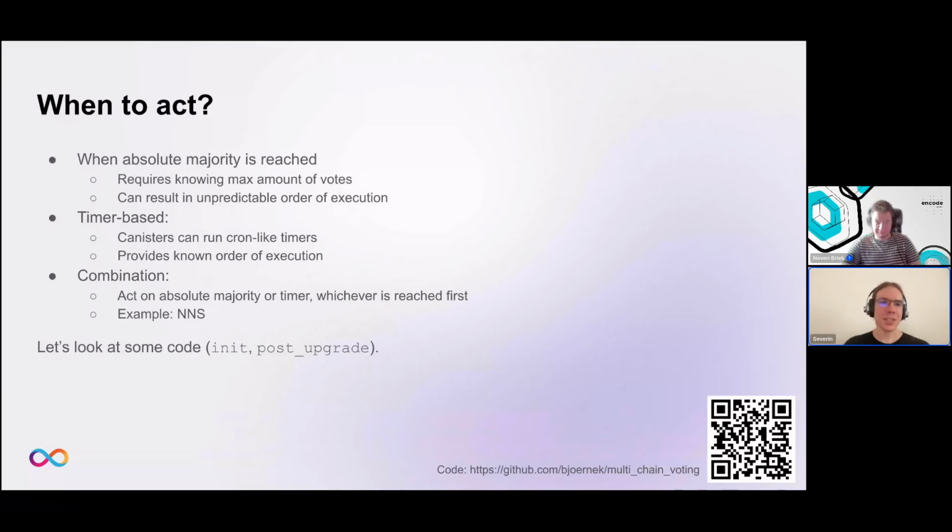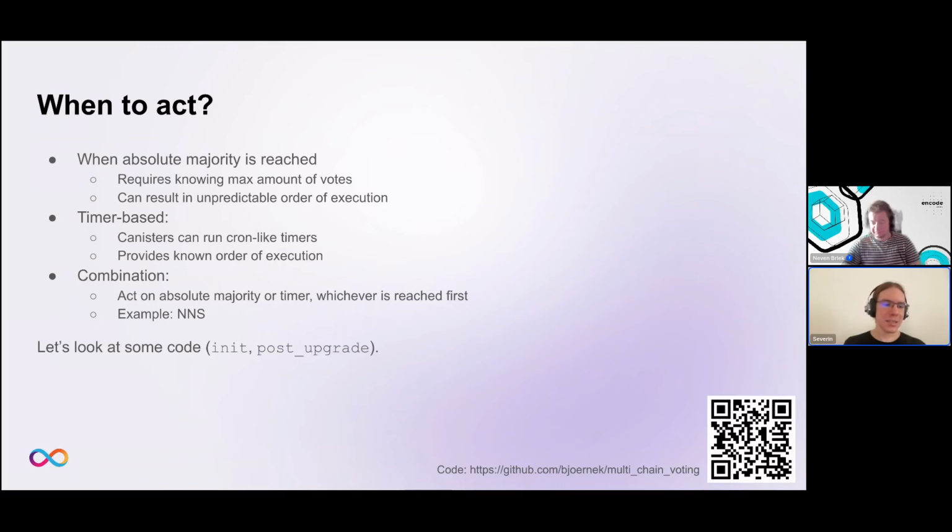For the absolute majority, you need to know what's the max amount of votes or the total supply of the tokens or how many people are even allowed to vote. Often that's pretty trivial to get, but if you want to execute the proposal as soon as possible, when there's no way for the result to be something else, you need to think about how you can decide when that point in time actually happens.